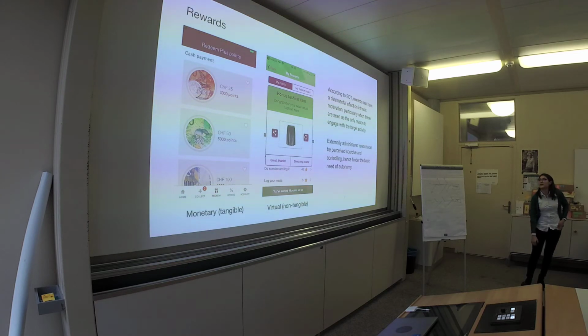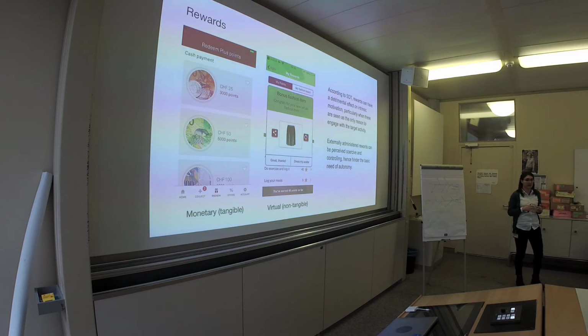So what's important here is that rewards can be detrimental or they can demotivate people if the person is already motivated to do the activity that they're doing and then they start receiving rewards. And again, if these rewards are given as something external, then it as well might harm the feeling of being autonomous.